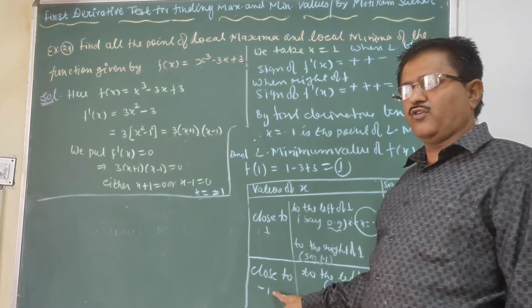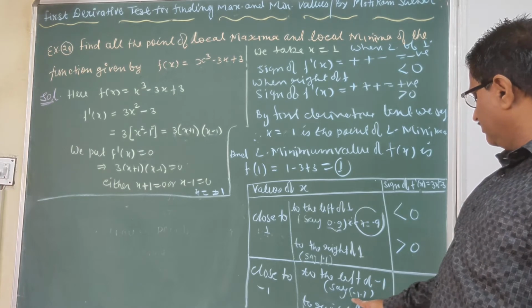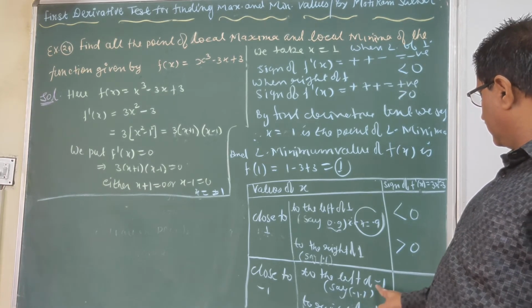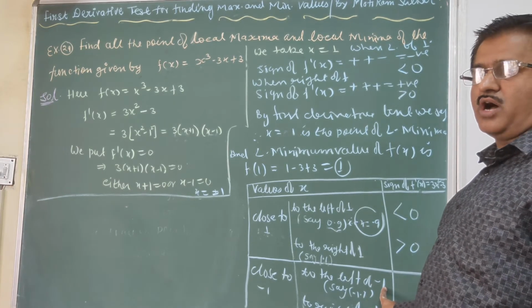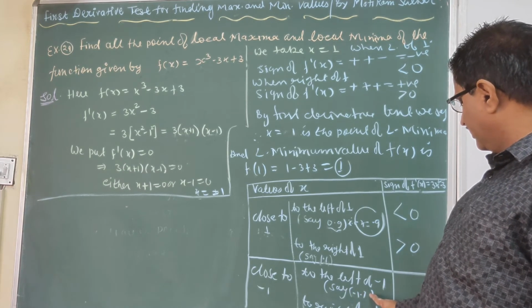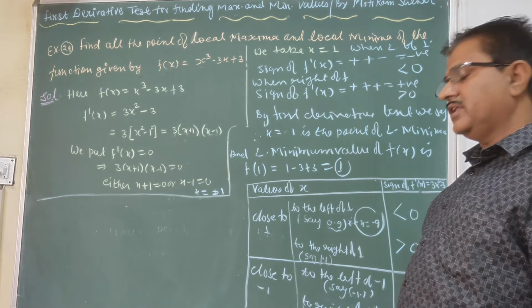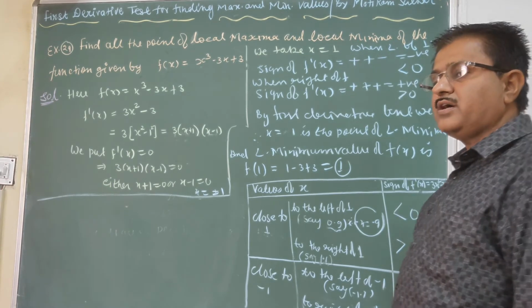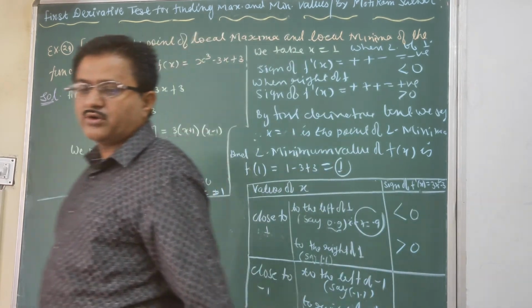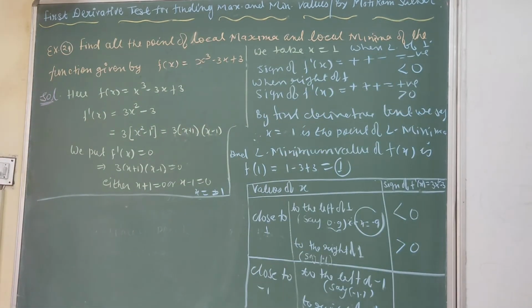Again you have to follow the left of minus 1, that is minus 1.1, the number which is less than minus 1. And the right of minus 1, that is greater than this, that is minus 0.9. These 2 points you have to take. With the help of this you can solve.